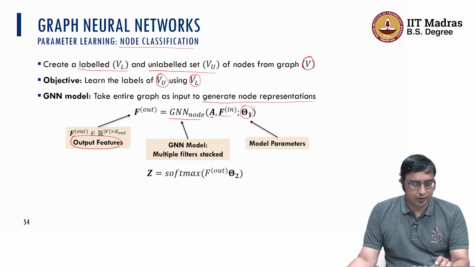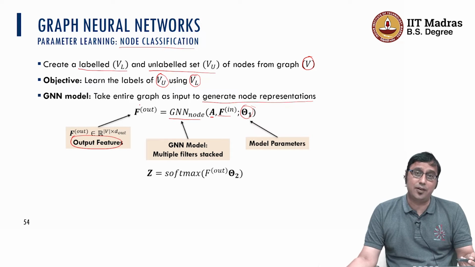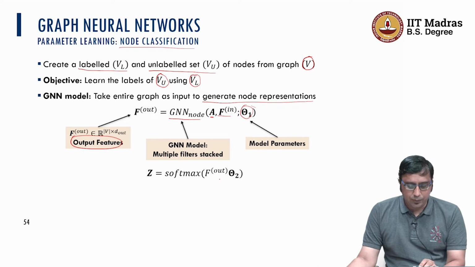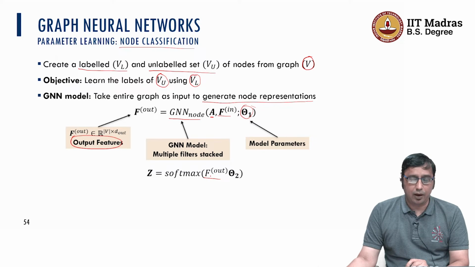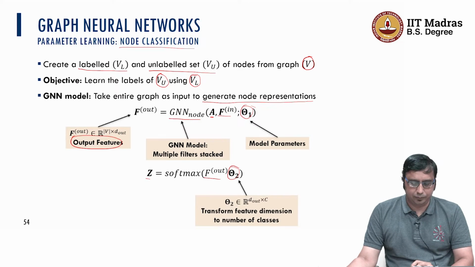Once we have this feature output, which is the learned feature representation for each node, this will be an input to a softmax layer with some parameter theta2 to create a matrix Z.